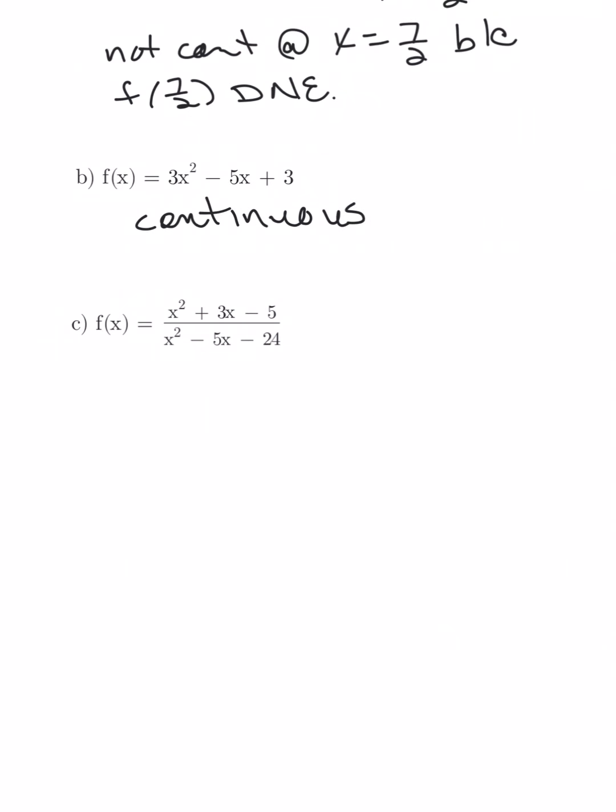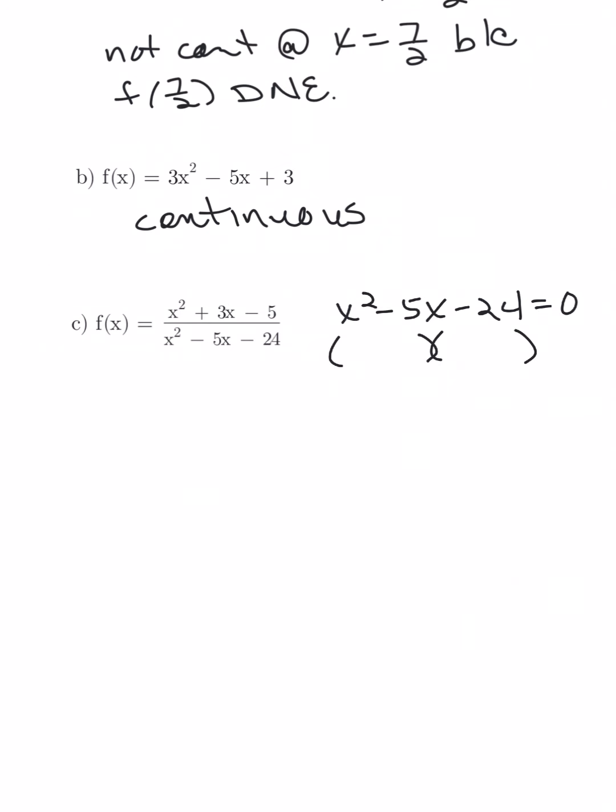On example C, we are given another rational function. Rational functions are not continuous where the bottom equals 0. So we need to set that denominator equal to 0. When you set a quadratic equal to 0, you want to try to factor that thing.